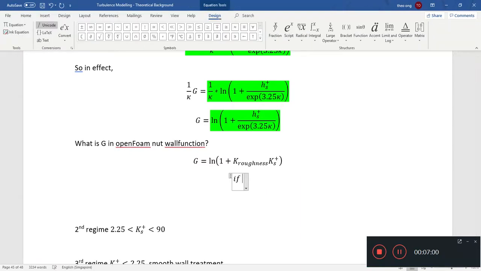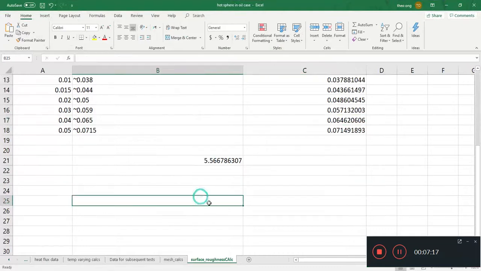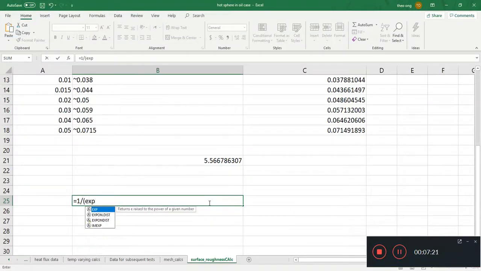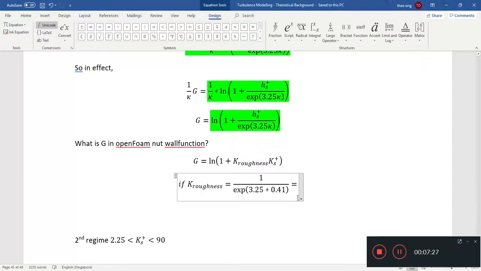So if k roughness equals 1 over exponential 3.25 times 0.41, then we will get the following. And k roughness can be worked out to equal 1 divided by exponential 3.25 times 0.41, and it equals 2.63.